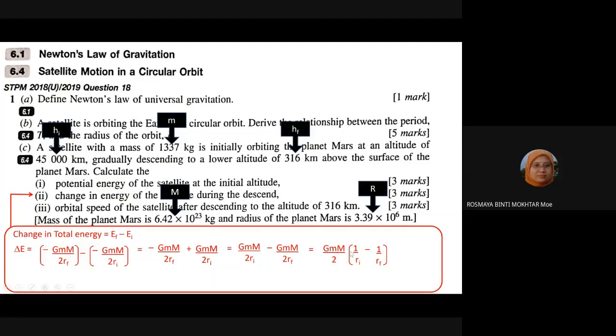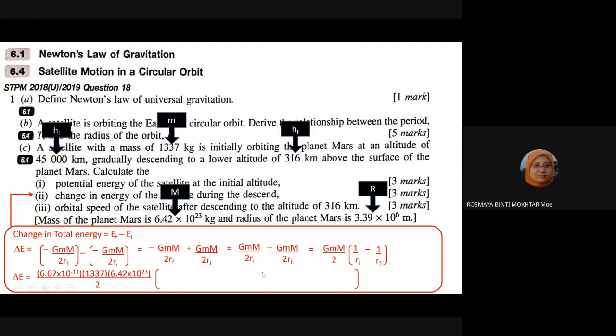If you use factorization, you just need to substitute once only. Now substitute the value here, GMm per 2: G, the mass of the satellite and the mass of the planet, divided by 2. And in the bracket here is 1 per ri minus 1 per rf.